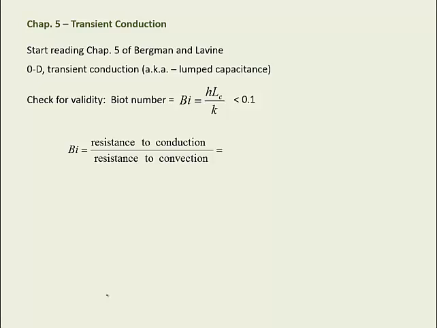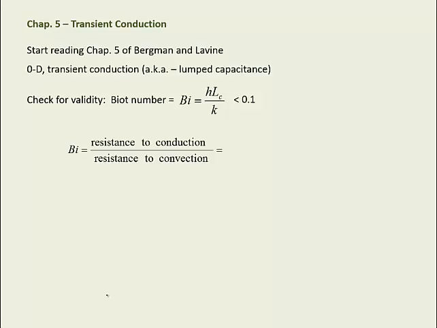And we'll have characteristic lengths that we use for a plane wall, a cylinder, or a sphere. And we're also thinking that the k here is for the solid material that is going through this transient change.